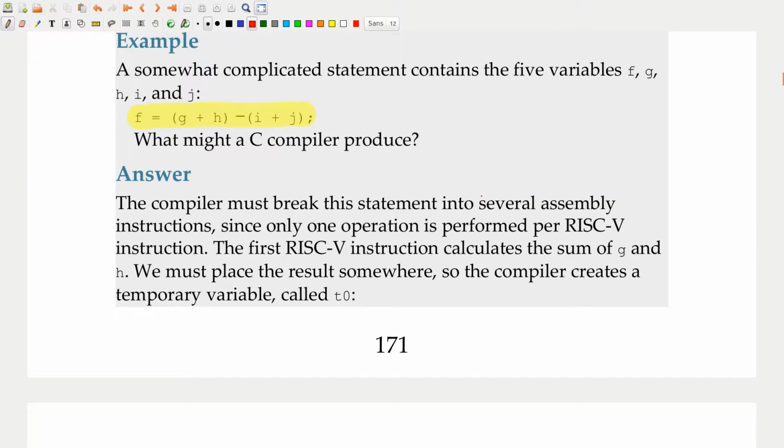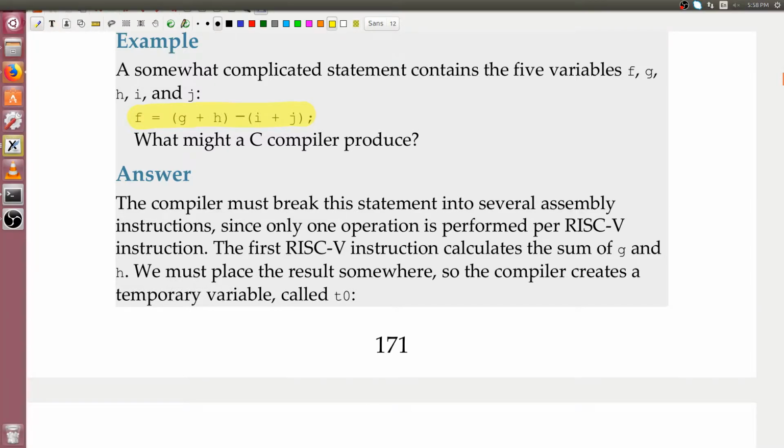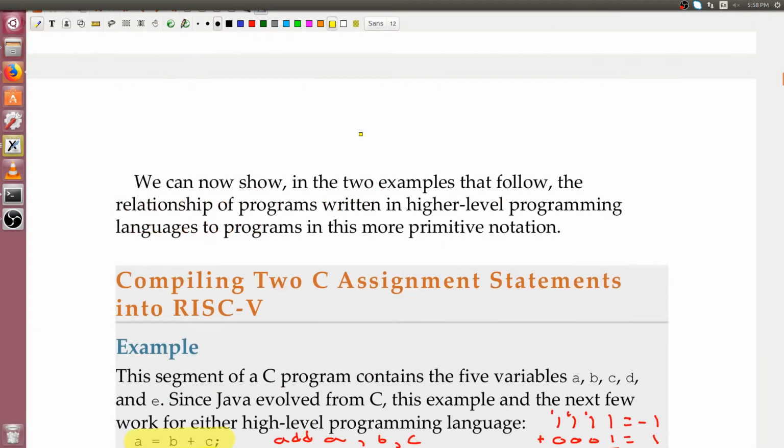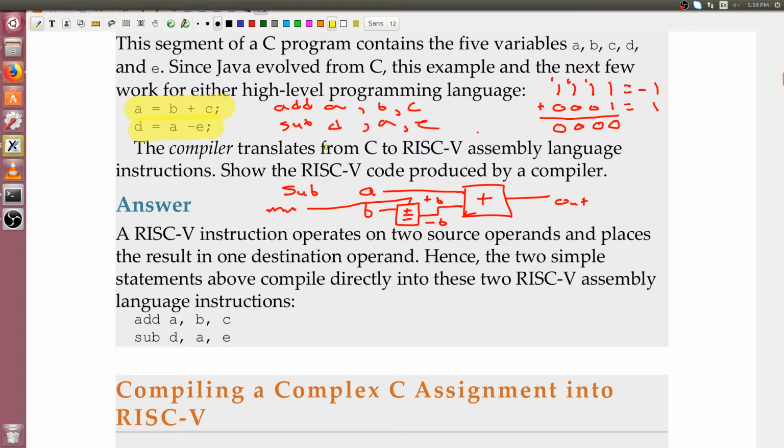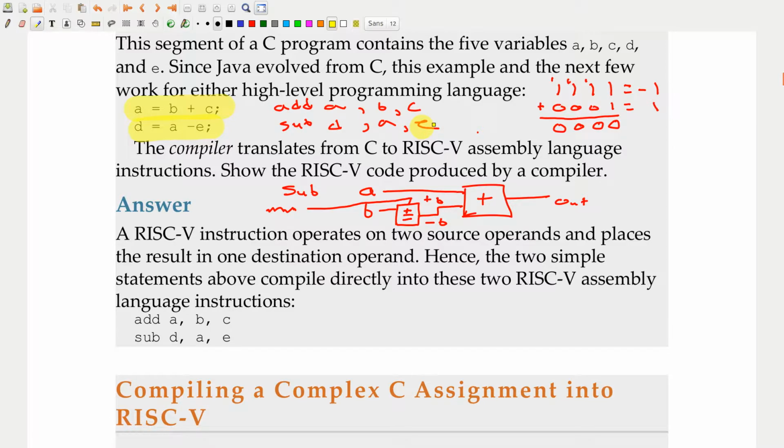Okay, good. So let's go into something a little bit more interesting, which is a complex expression. This isn't terribly complex, but we see that the order matters, right? Yeah, correct. Whatever the second operand in this assembly instruction is, that's the letter that's going to be down here.